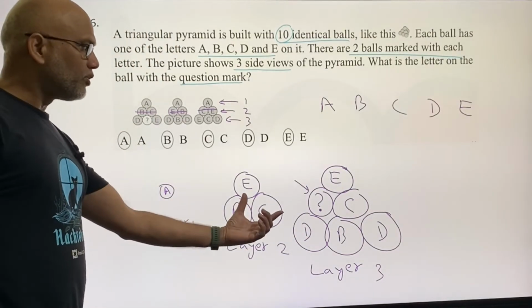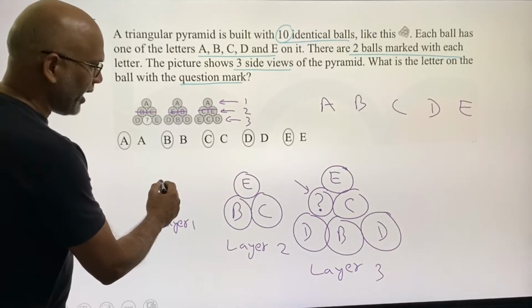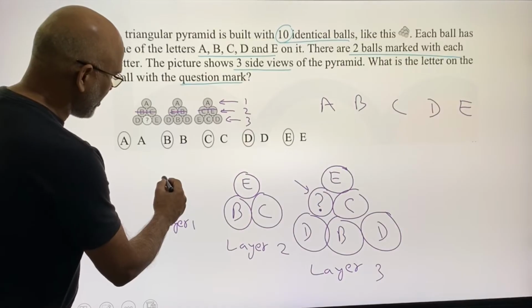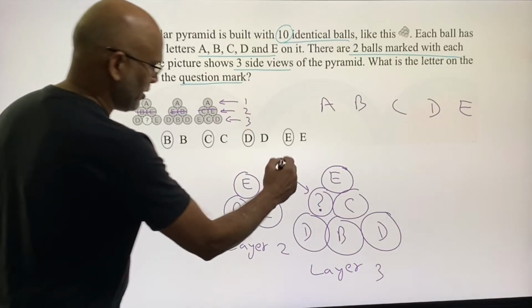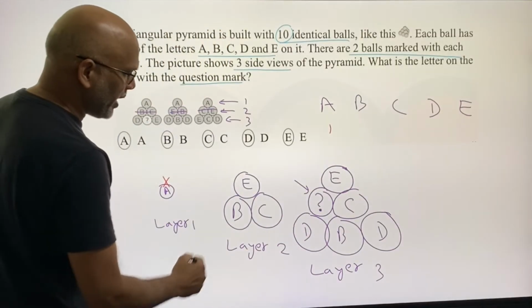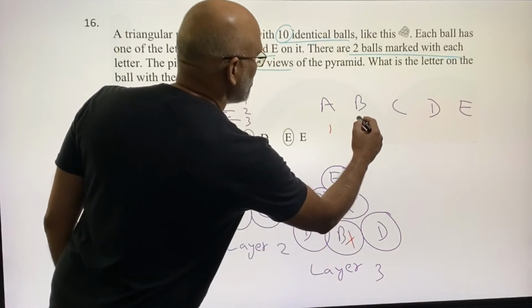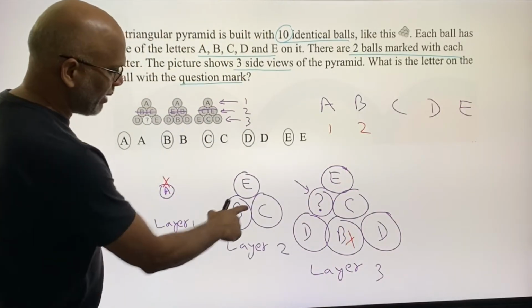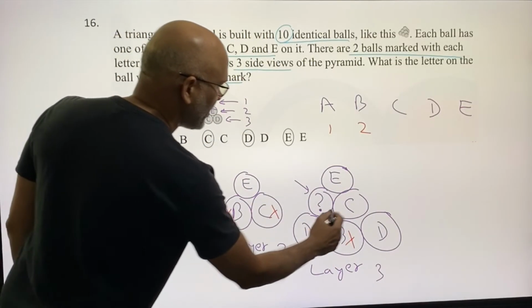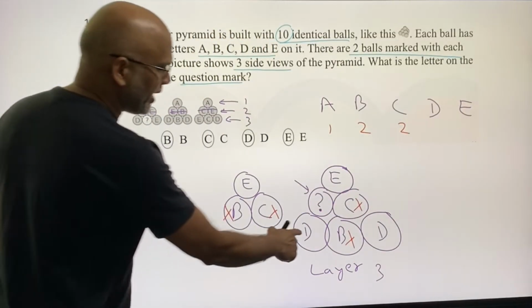So I can count how many times each letter appears. A, I see only one time, right? Now let's check B. B is 1, 2. So B appears 2 times. How about C? 1 time here, 1 time here. C appears 2 times.